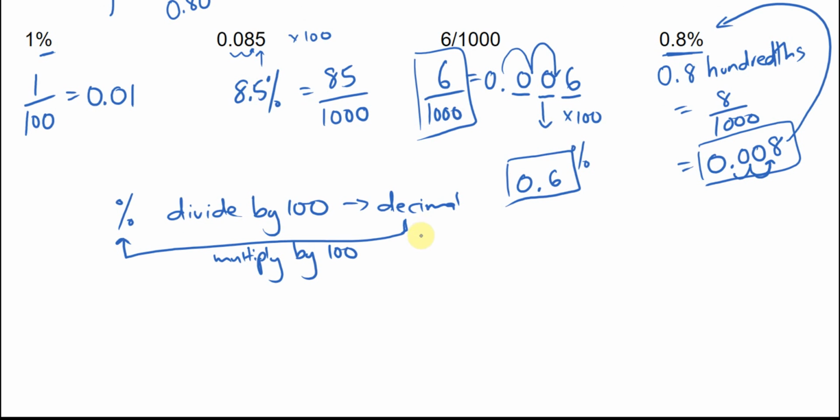When we're going from a decimal to a fraction, if possible, convert to a decimal fraction.